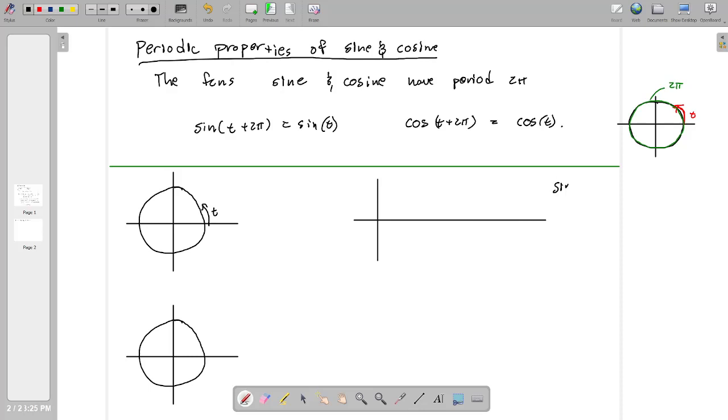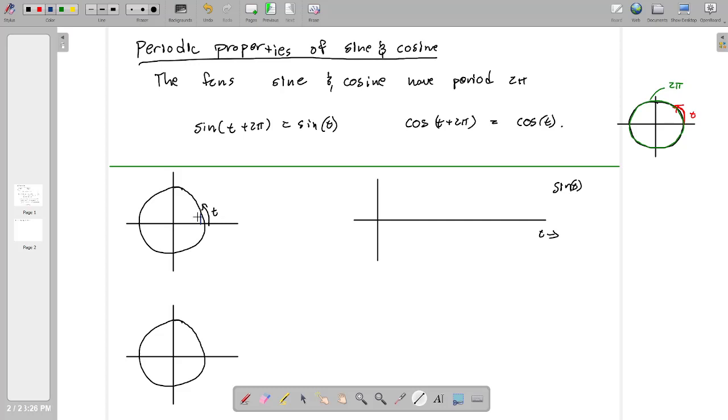So we have sine of t is going to be what we graph. The t-axis will be the x-axis. So as t increases, meaning that t is going around the circle, t will be increasing along the x-axis here. Now remember, sine is the y value. So we're talking about vertical distance here.